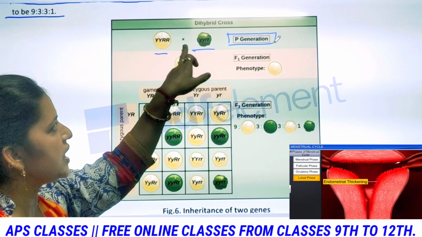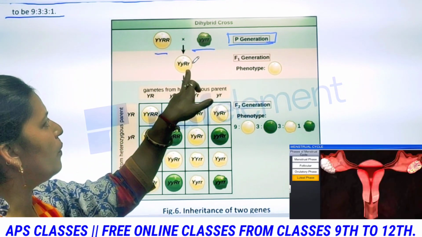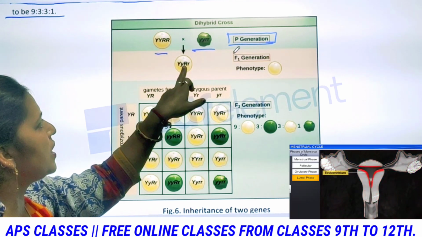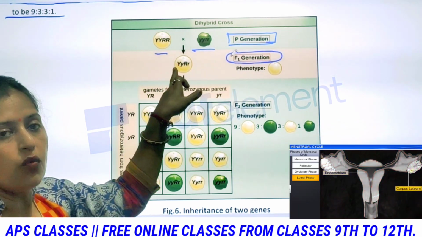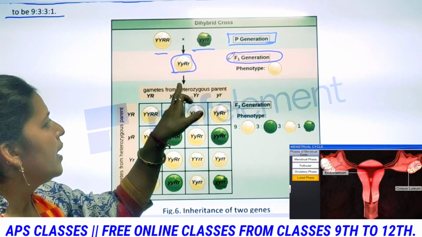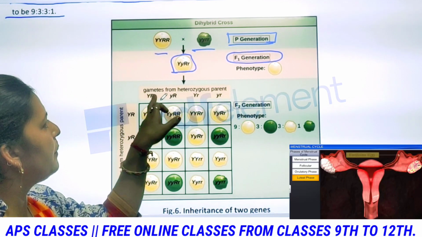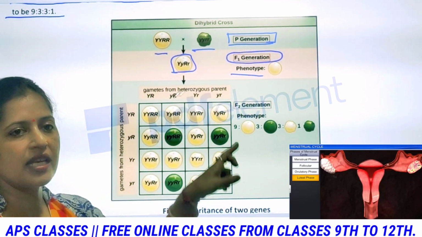When we cross them, after the crossing the F1 generation forms, and that F1 generation is capital Y, small y, capital R, small r. After that, gametes are formed from the heterozygous parents.